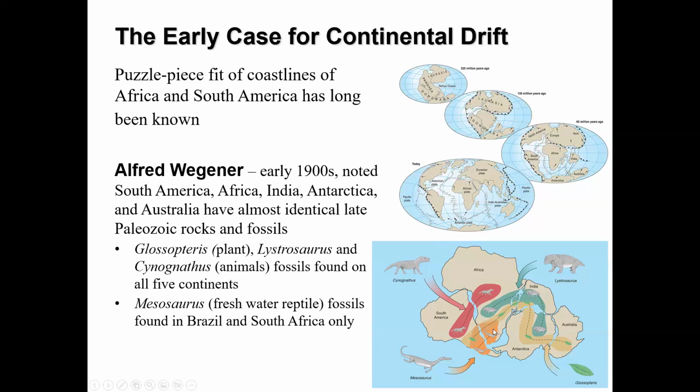And if we look at Cynognathus and Lystrosaurus, they have short little stubby legs, which are not meant for swimming. So if we say the continents have not moved, it's really strange to find all of these fossils that have traveled across many thousands of miles of ocean.